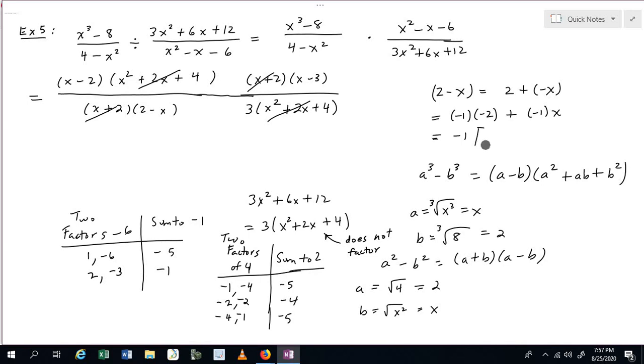So I'm going to factor that out front. And you can see that I'm left with a negative 2 here, because I'm factoring this negative 1 out. I'm left with this negative 2, and I'm left with x here. And then you can change the order of this. I'm going to erase this so I have more room.